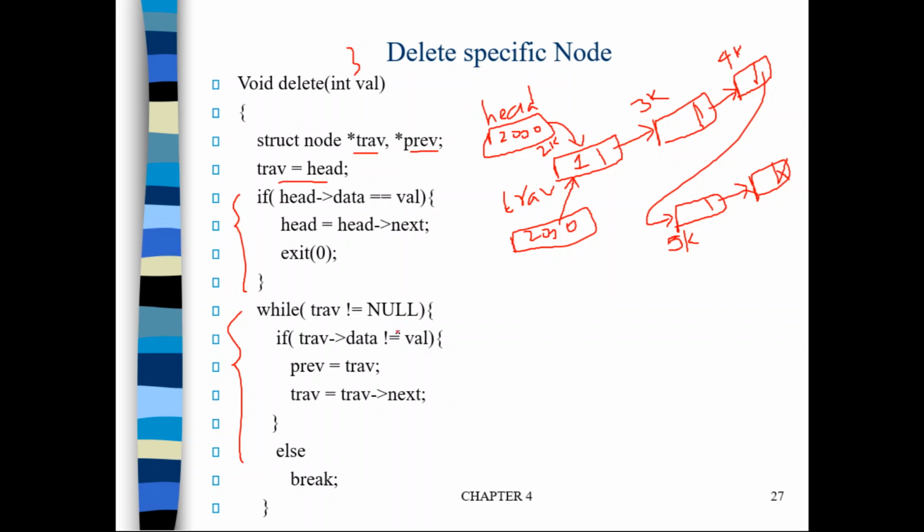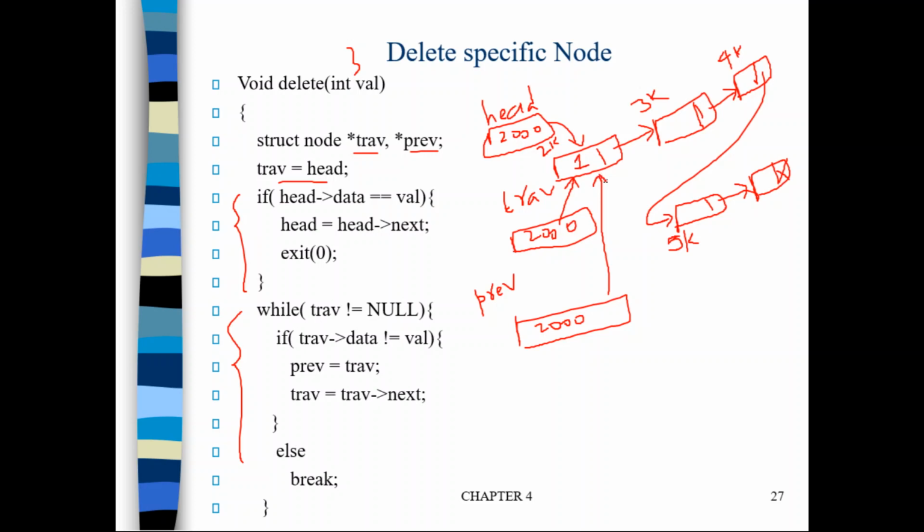If that is the case, then previous equal to traverse. We are maintaining another pointer, which is previous. Previous will hold whatever value traverse contains. Traverse contains the address 2000, so previous also will hold the address 2000, which means previous is also pointing to the first node.